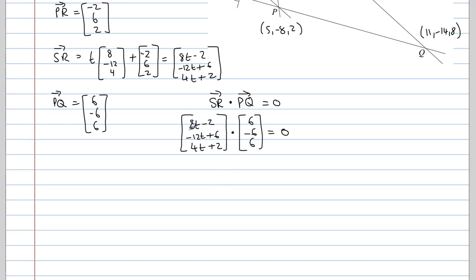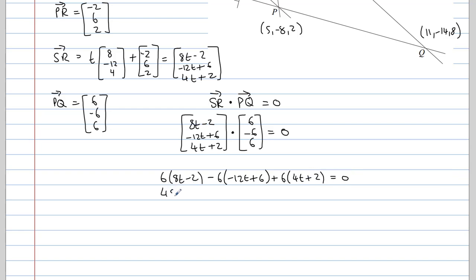So using the dot product, I'm going to times the x part here by the x part here. That's going to give me 6 lots of 8t minus 2. The y parts give me minus 6 times minus 12t plus 6. And the z parts give me 6 lots of 4t plus 2. And that must all equal 0.